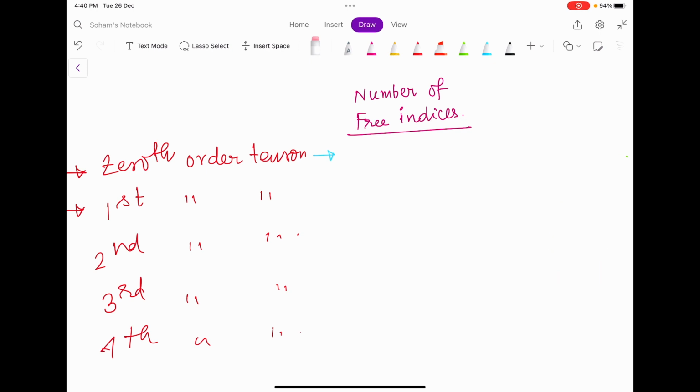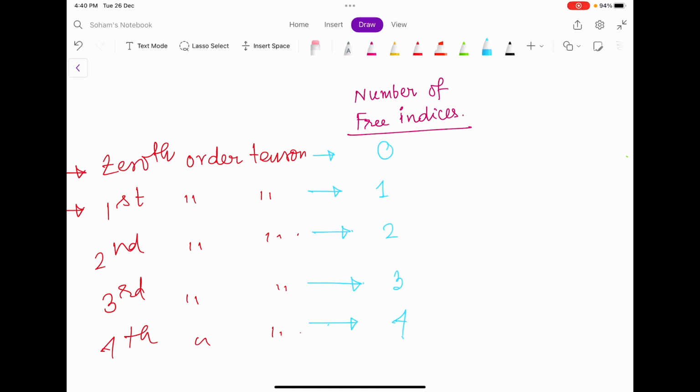So a zeroth order tensor or a scalar will have 0 free indices. A first order tensor or a vector will have 1 free index. A second order tensor will have 2 free indices. A third order tensor will have 3 free indices. A fourth order tensor will have 4 free indices, and so on.